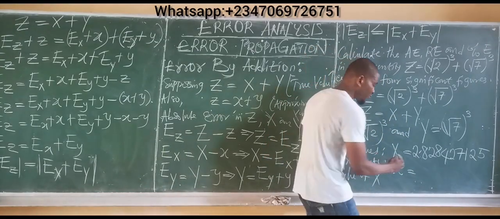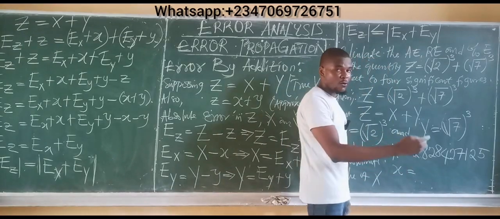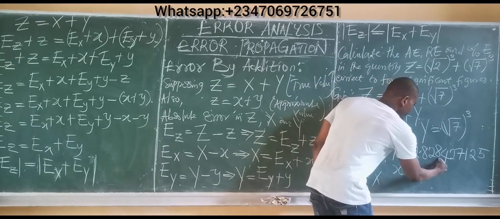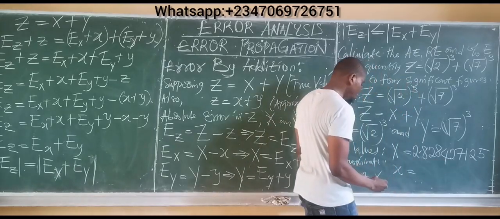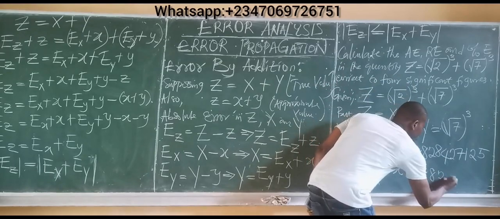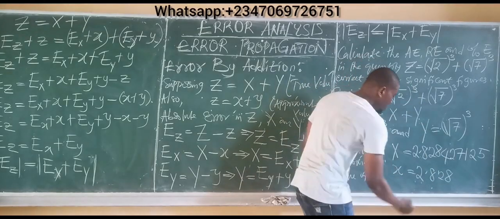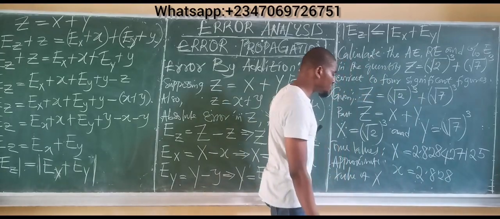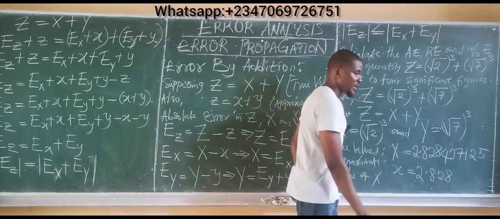So when you count, you should count up to 4 places. We start from 2, which is 1, 2, 3, 4. So by 4 significant figures, we have 2.828, and it ends there. This becomes our approximate value, which is now the small x.